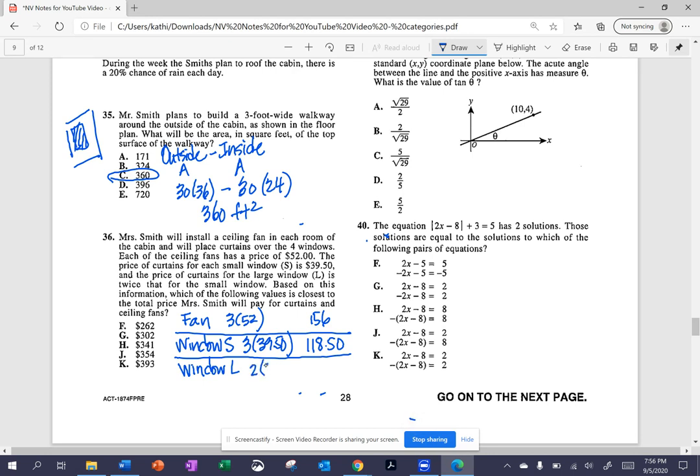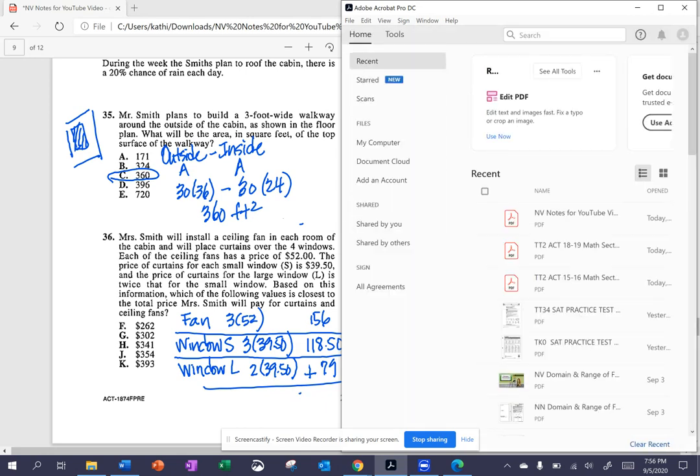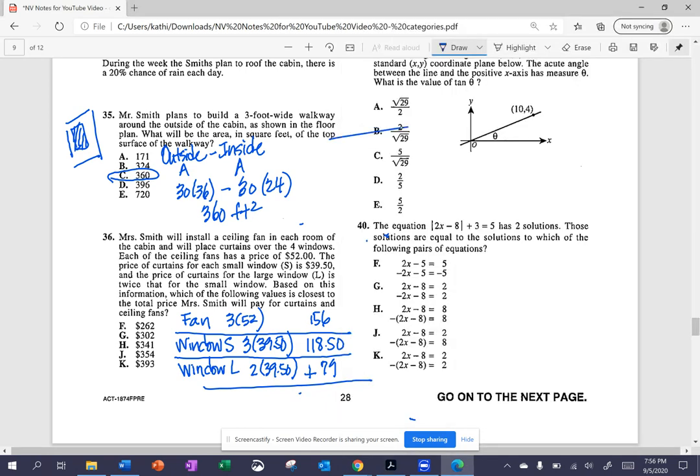I have just one, but twice as much as $39.50. So this is $79. Adding all these together, I get $353.50. So that's closest to $354.